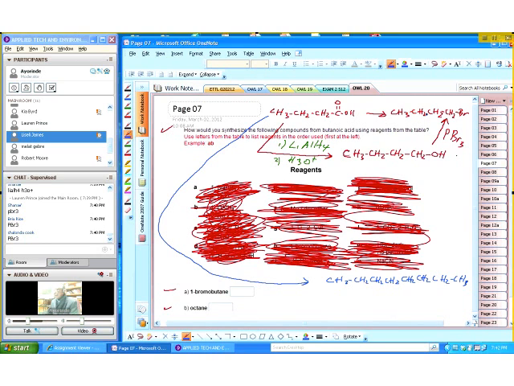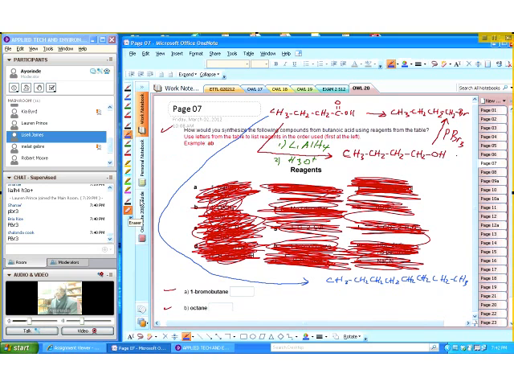Fortunately, we have shown you how to make the alkyl bromide. If you take the copper lithium reagent and react it with a primary alkyl halide, you get an SN2 reaction. That will displace the bromine.